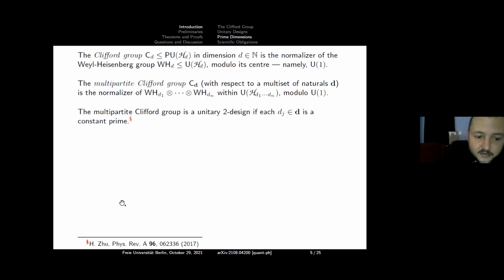And I've referenced Wenjun's paper here from 2017, where he proves that when that prime is 2, the multipartite Clifford group is a 3 design. I'll reference a paper later that shows the Clifford group to fail gracefully as a 4 design on qubits. Okay, so when the local Weyl groups are of a constant prime dimension, the Clifford group is a 2 design. So one can ask, does this property generalize?